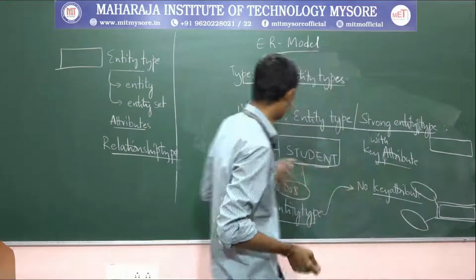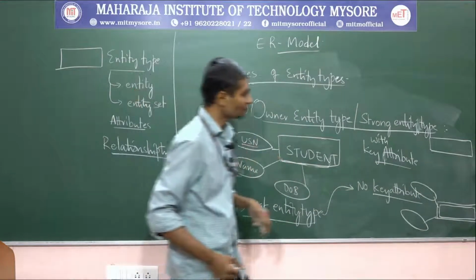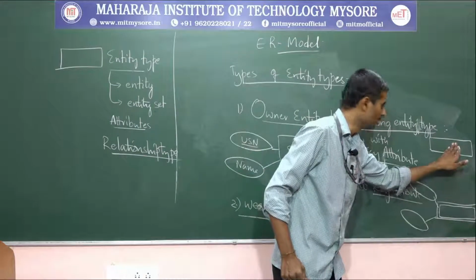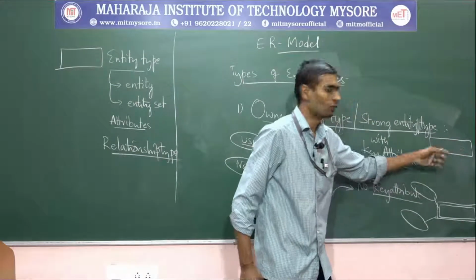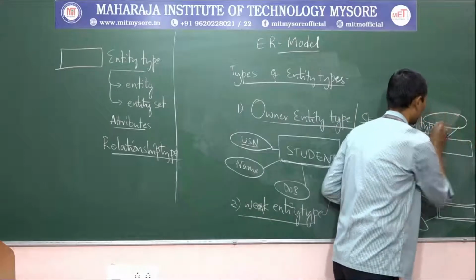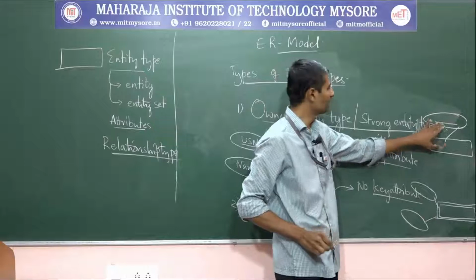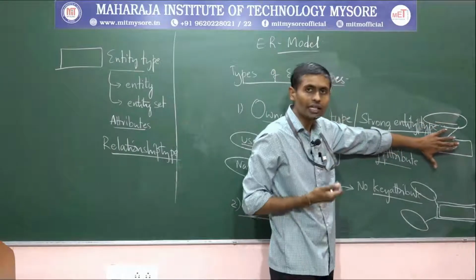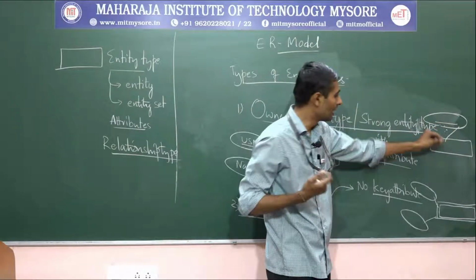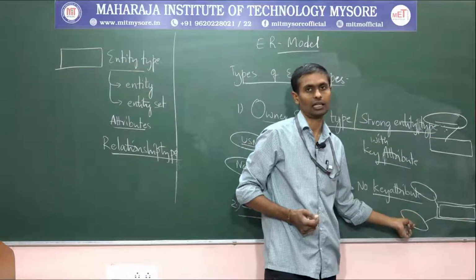It is a strong entity type, because of the key attribute, right? So here also we'll make use of one strong entity type that can have a key attribute within it, and such a strong entity type will help in identifying the instances of this weak entity type.